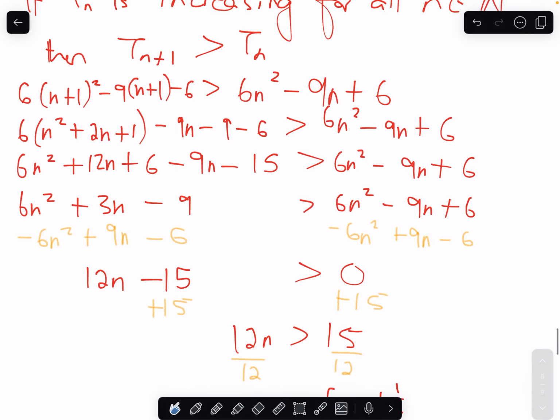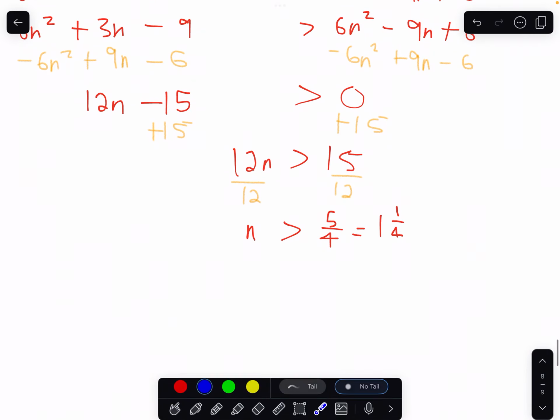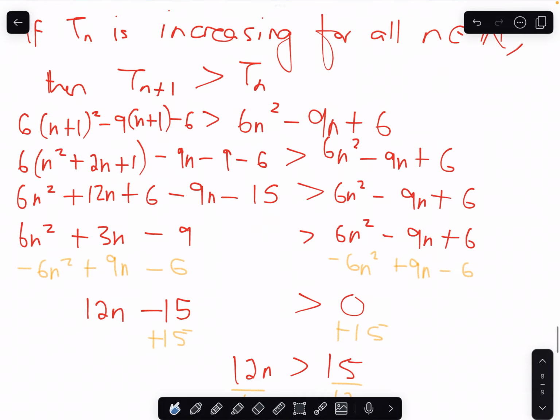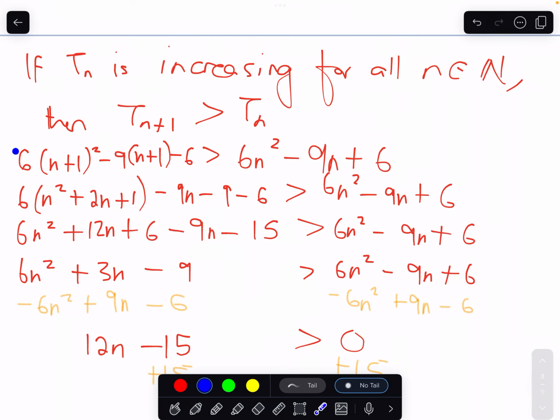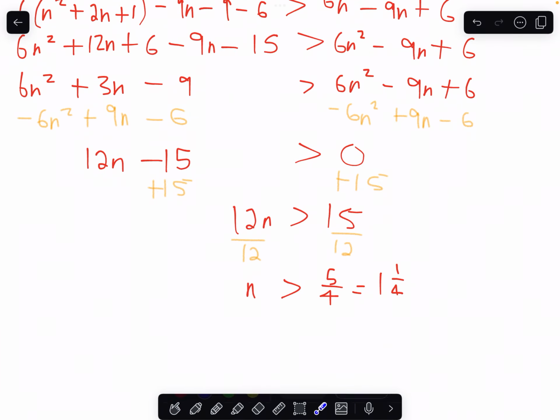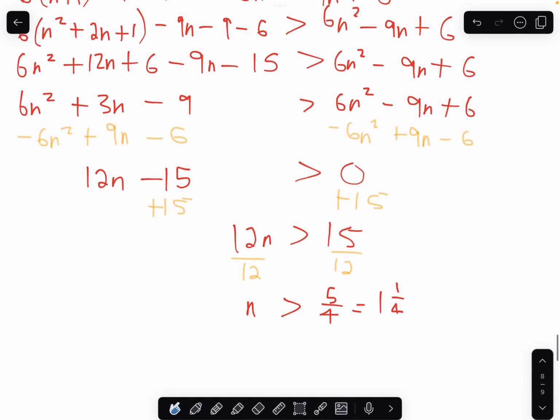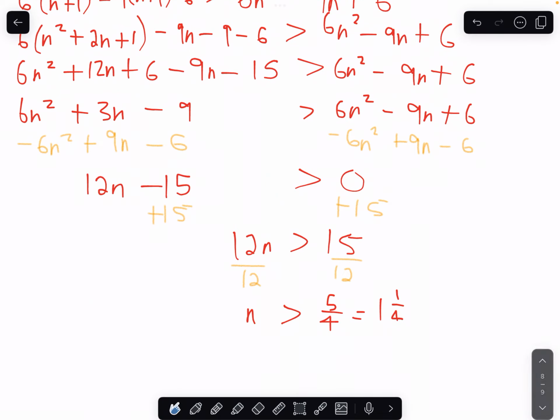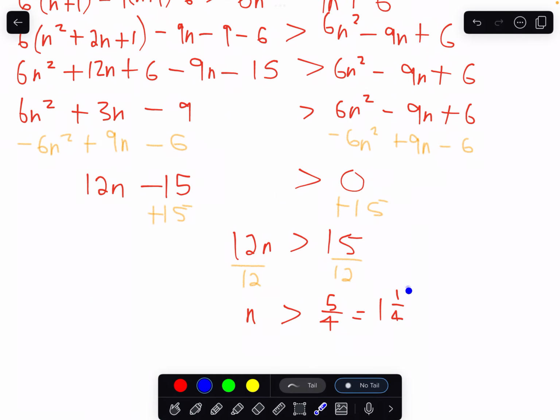Okay, so back to how I was interpreting the result and actually what did get me a bit dizzy. So this result is saying this inequality will only be true when n is greater than 1 1/4, and this would have saddened us because we want to show that actually it's true for all natural numbers n, but this right here would disqualify 1 because 1 is not greater than 1 1/4.